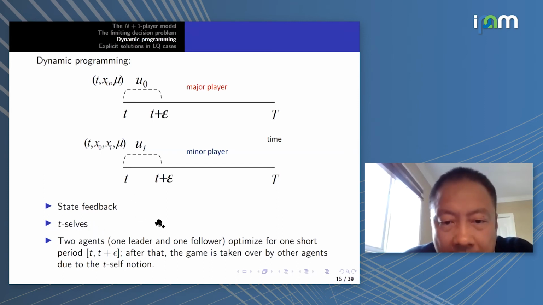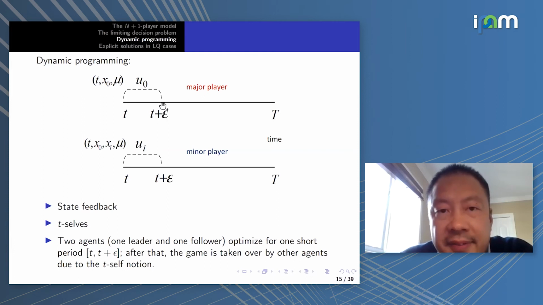So the idea is here. Basically, we have two short-lived agents, the major player and the minor player. At the end of t plus epsilon, they both die.